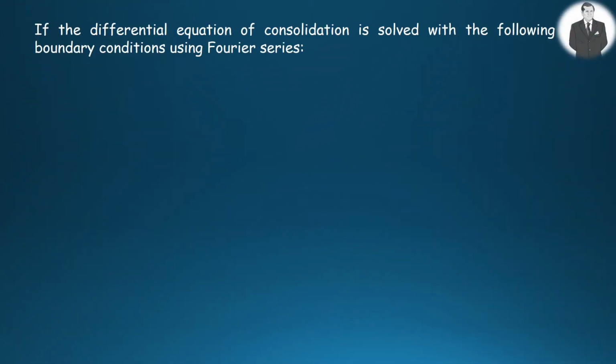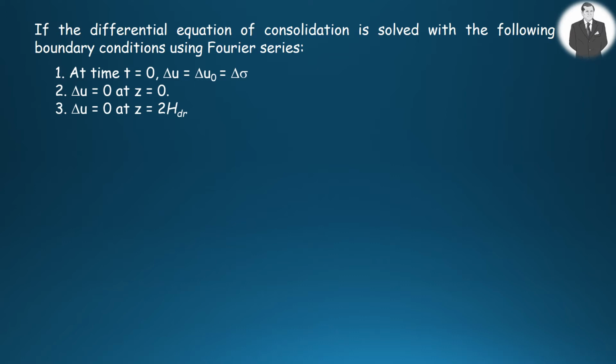If the differential equation of consolidation is solved with the following boundary conditions using Fourier series, at time t equals 0, which is immediately after loading, the excess pore pressure is equal to the stress increase. After some time, the excess pore pressure will completely dissipate at the boundaries of the clay layer, at the top and at the bottom.